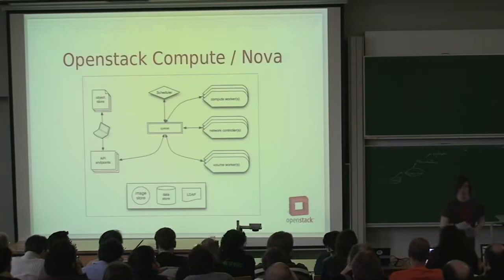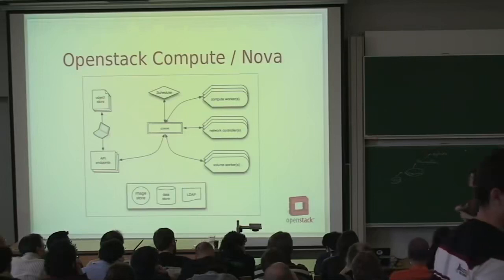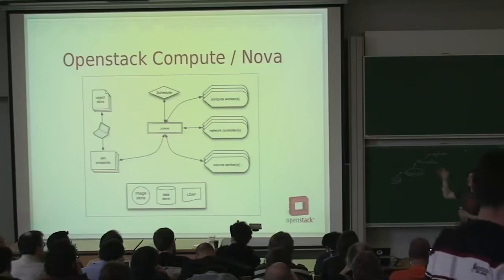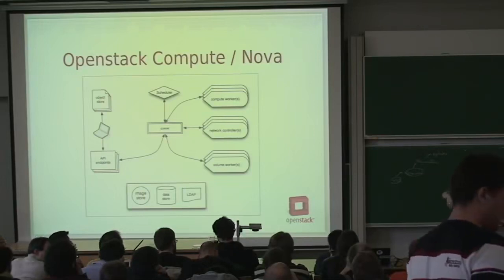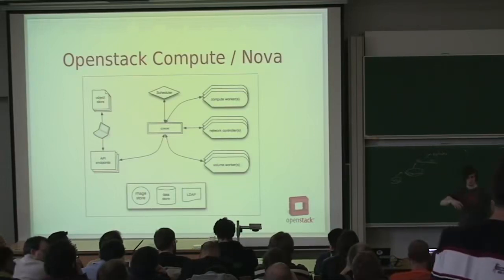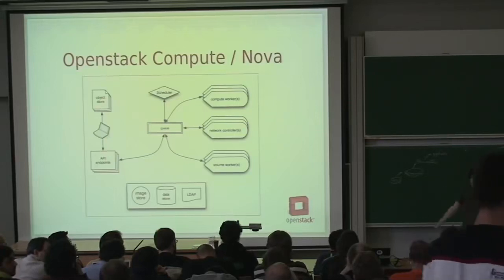Some of the things we do to make sure that this scales: for instance, we run the firewalls directly on the compute workers so that we keep that very close to the virtual machines, instead of having to rely on a great big firewall that can handle the entire data center.